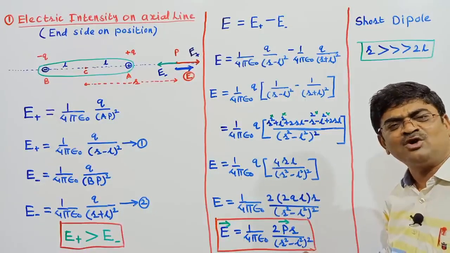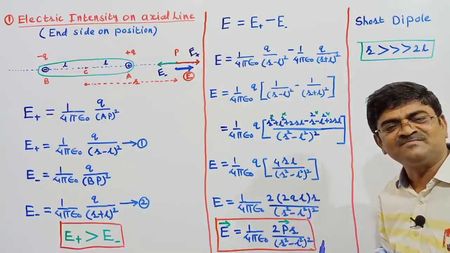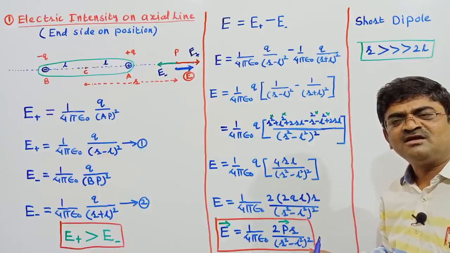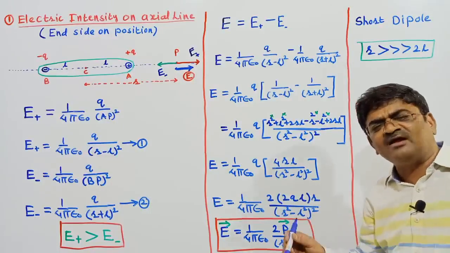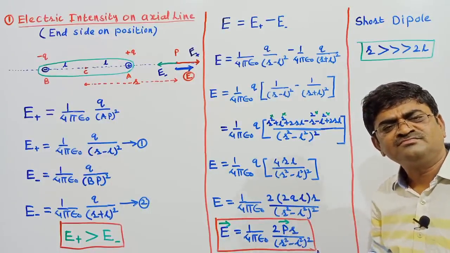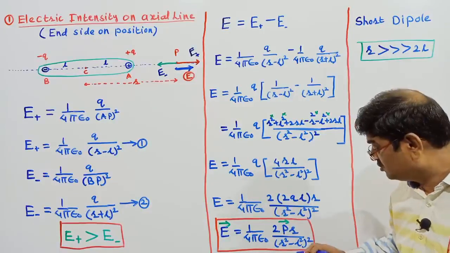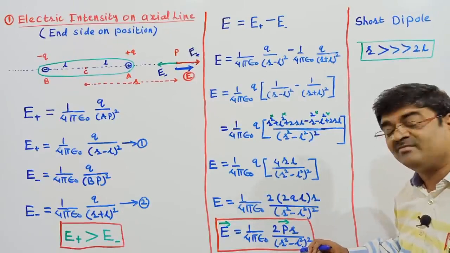You can use the rule of approximation here, rules of neglecting the terms. Whenever you have got a subtraction or addition of a small term to a very big value, you can neglect the small value. And that's what I am going to do. This l from the denominator I am going to neglect.